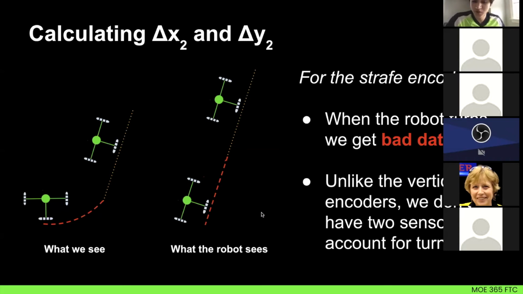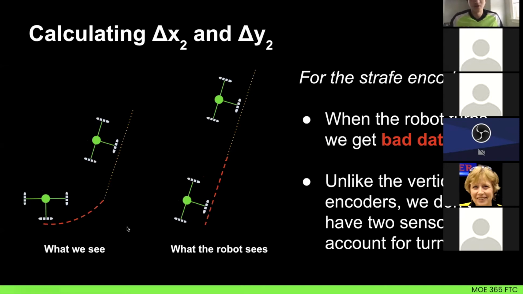Unlike the vertical encoders, we don't have two sensors that we can compare values of to account for turns on this axis. So for example, when we see the robot turn, in this example on the left, turn a certain amount and then move normally and turn the strafe wheel normally, we just think the wheel should be recording the distance traveled, the distance represented by this dashed orange line.